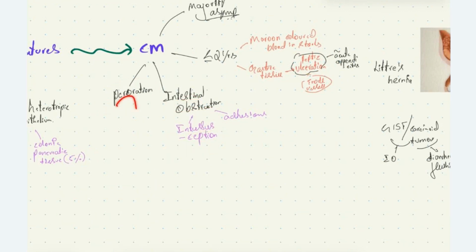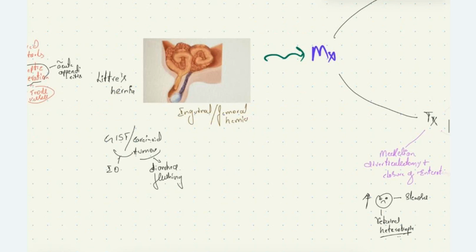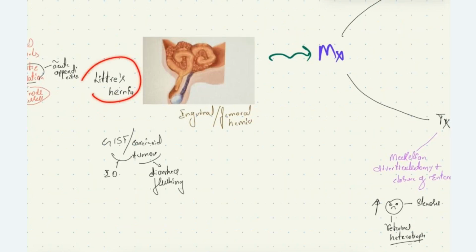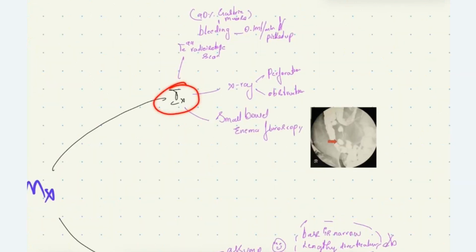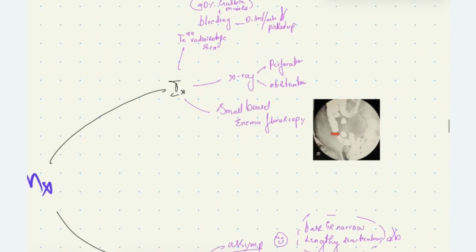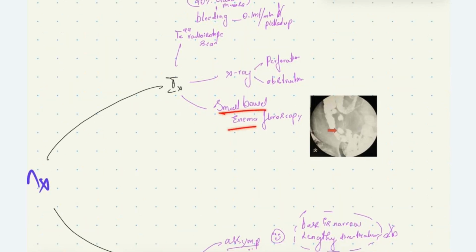Some patients present with Littre's hernia, where Meckel's diverticulum is the content of an inguinal or femoral hernia, or they can have features of a stromal or carcinoid tumor developed in Meckel's diverticulum. For investigation, the technetium-99 radioisotope scan can detect even small bleeding like 0.1 ml per minute. X-ray shows features of perforation or obstruction, and small bowel enema with fluoroscopy helps pick up Meckel's diverticulum.